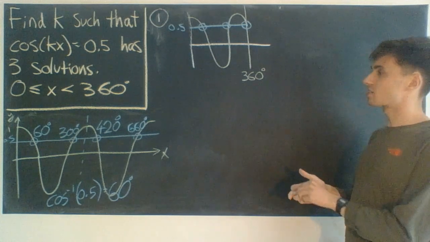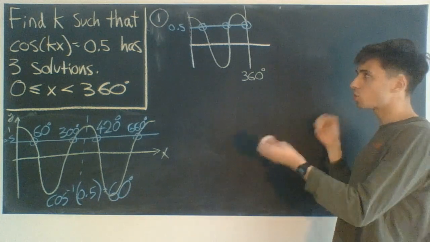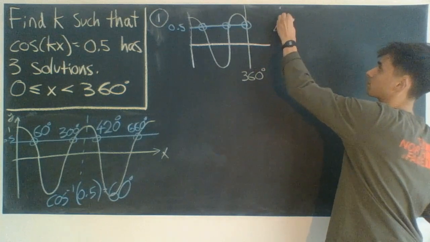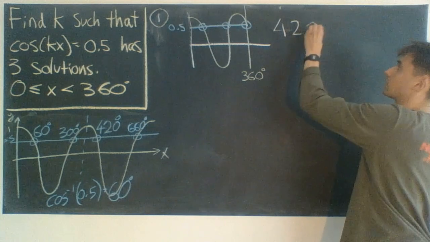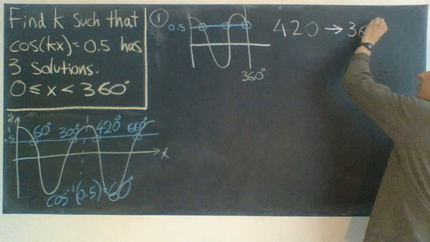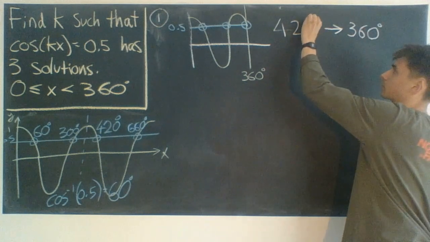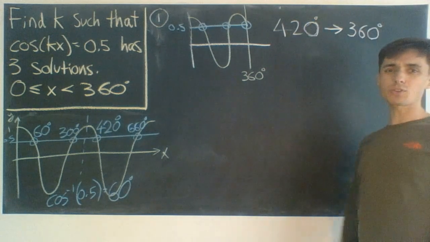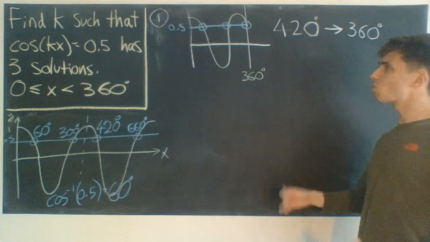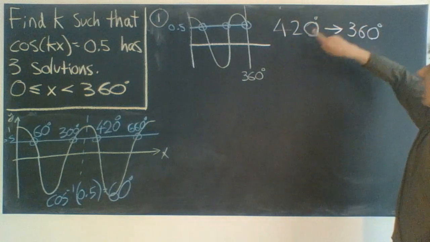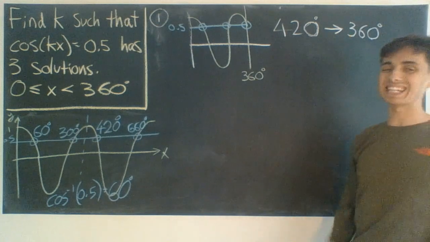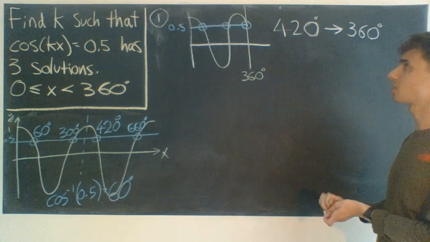So what that's telling us is our stretch or compression factor has sent 420 to just about 360. So we need to think, well, what is that multiplied by? And it's a factor of 6/7, isn't it? 360 is 6/7 of 420.